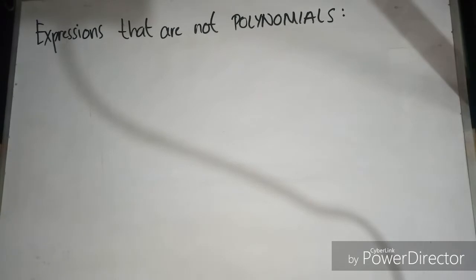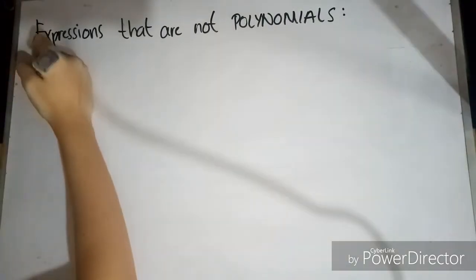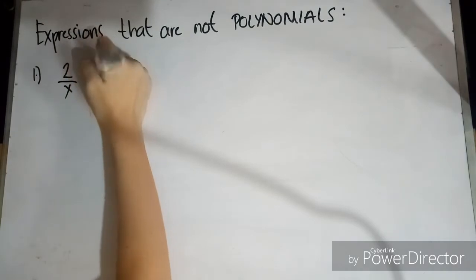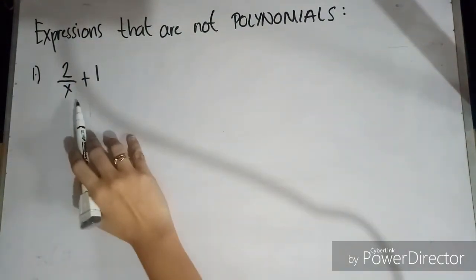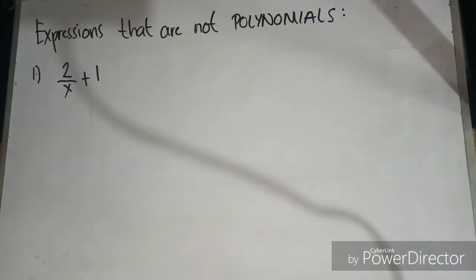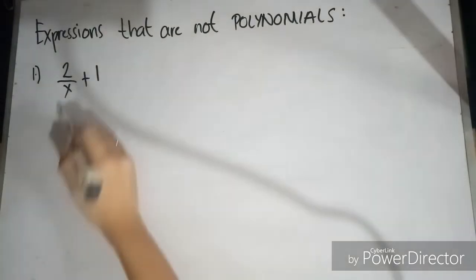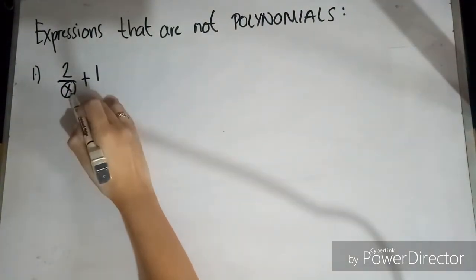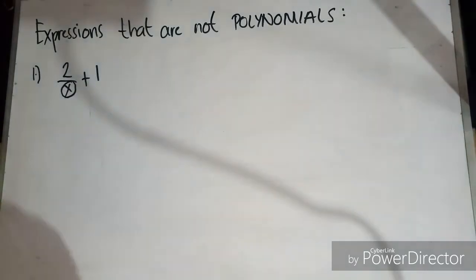Now, these are some examples of expressions that are not polynomials. 2 over x plus 1. This is not a polynomial expression because a polynomial expression should not have a variable in the denominator.